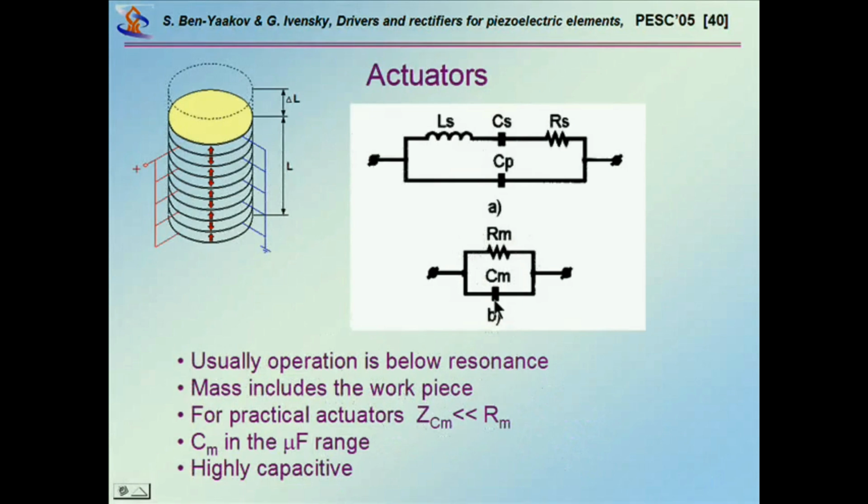Now, the problem, and I'm going to go already into some of the problems of driving these things, is that these capacitances are very large. In the case of an actuator, we're talking about a few microfarads.